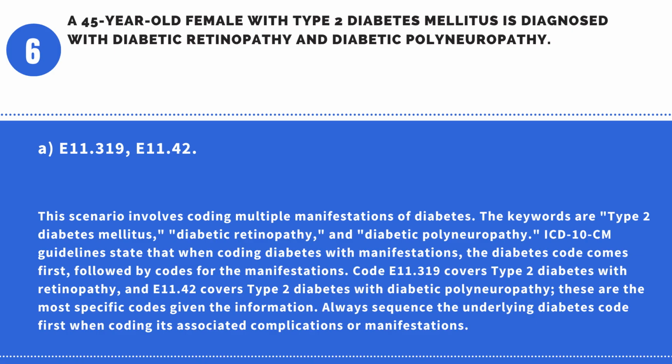Code E11.319 covers type 2 diabetes with retinopathy, and E11.42 covers type 2 diabetes with diabetic polyneuropathy. These are the most specific codes given the information. Always sequence the underlying diabetes code first when coding its associated complications or manifestations.